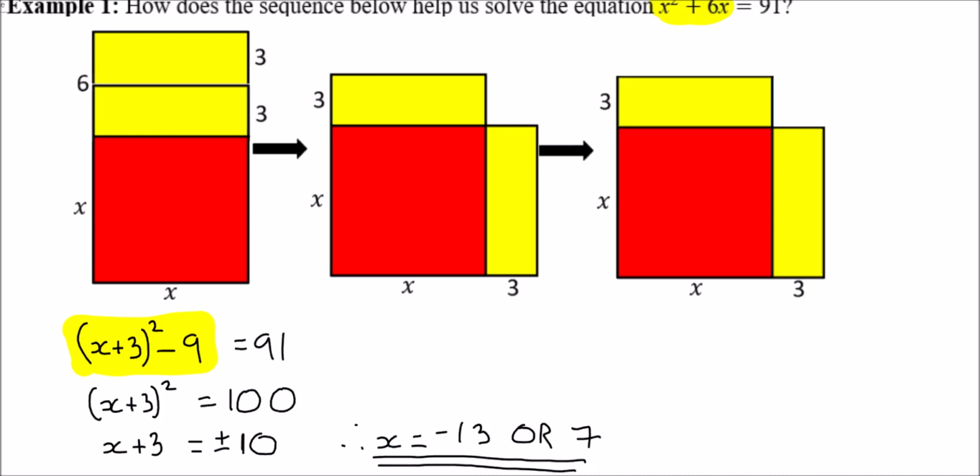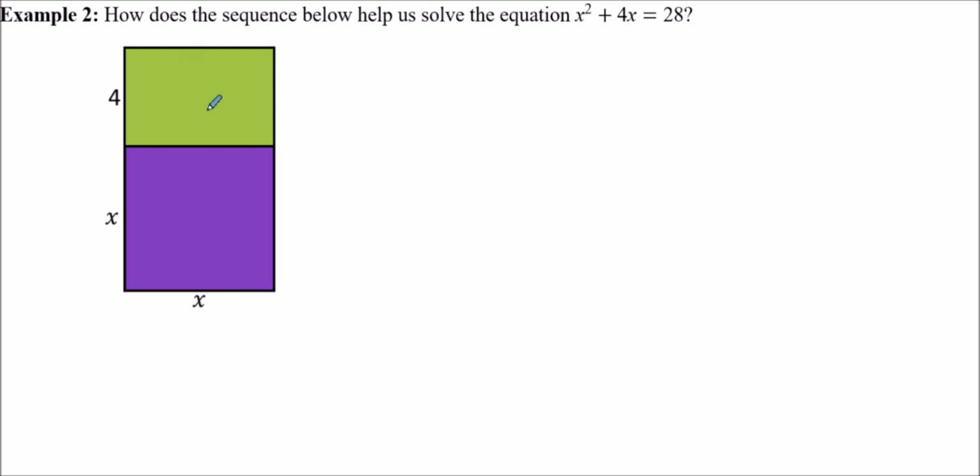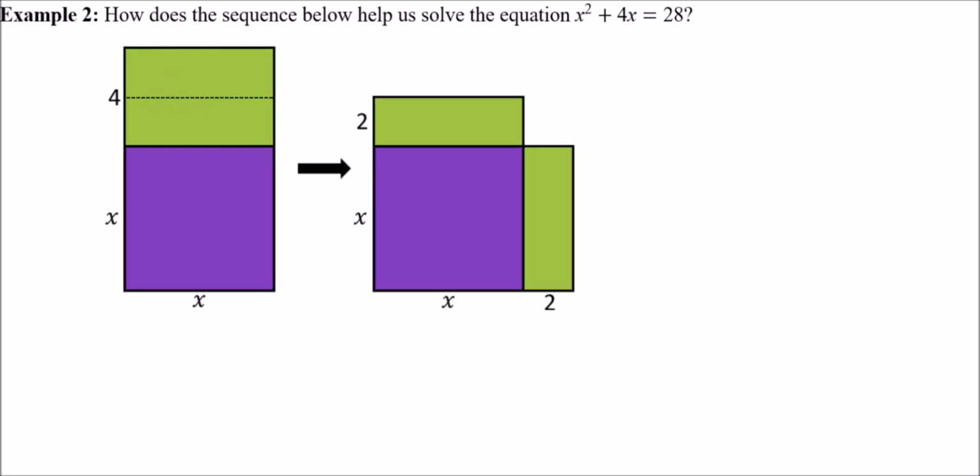I have another example for you here. So here's another diagram, different sequence. So how does this sequence below help us to solve x squared plus 4x equals 28? So like we did before, we take the 4x and we half it, we split it in two, like so. Once we've split it into two, we keep one section here, move the other section to the other side.